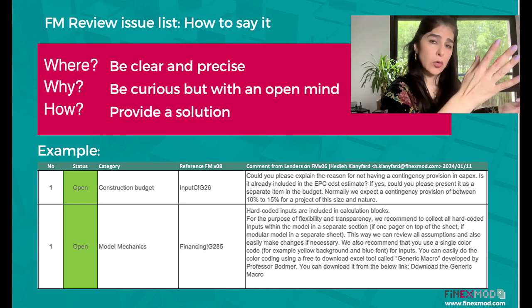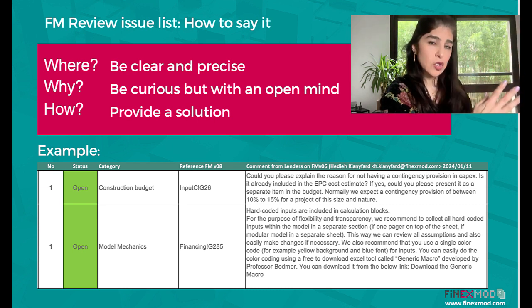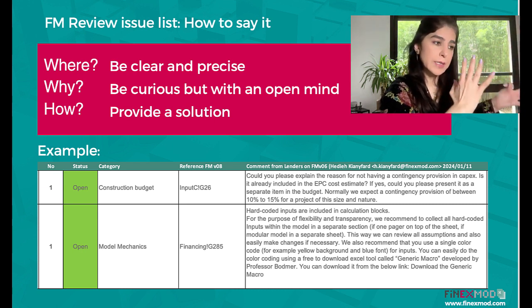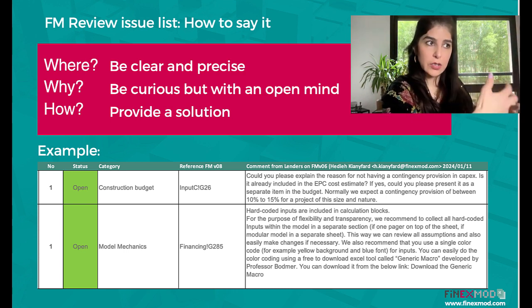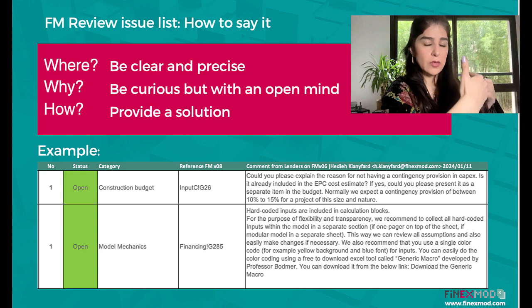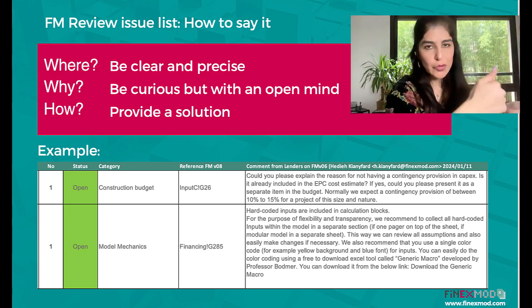Please separate all the inputs in a separate sheet, categorized by type. So just give the explanation of why you think something needs to be done in the model and how to do it, okay? And I have a blog post about the why behind the financial modeling standards, that I recommend you go and check out after this video.